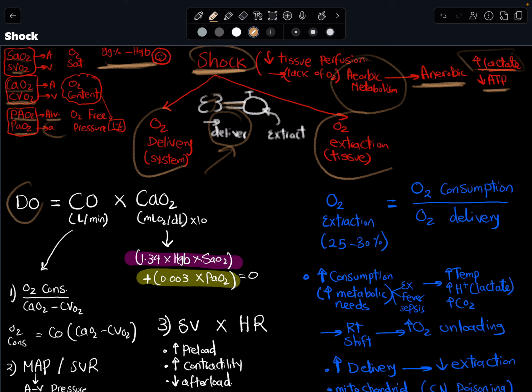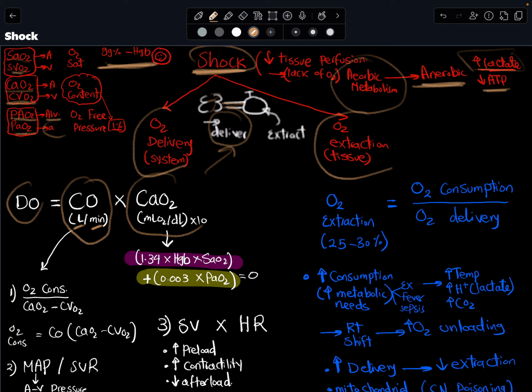So let's talk about oxygen delivery. DO2 stands for oxygen delivery. It's cardiac output times CaO2. So simply, how much blood are you giving to the tissue and how much actual oxygen is in this blood? The blood you are giving to the tissue is the cardiac output, which we measure in liters of blood per minute.